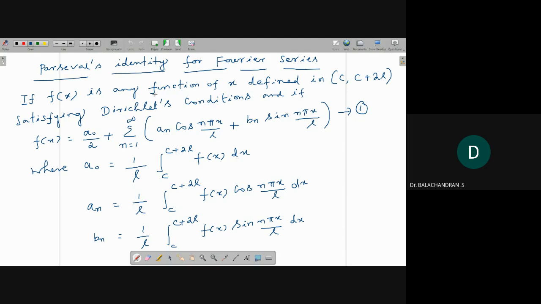If f of x is any function of x defined in the interval c to c plus 2l, satisfying Dirichlet conditions, and if f of x is equal to a naught by 2 plus summation n equal to 1 to infinity an into cos n pi x by l plus bn into sin n pi x by l, this is equation 1, where a naught equal to 1 by l integration c to c plus 2l f of x dx, an equal to 1 by l integration c to c plus 2l f of x into cos n pi x by l into dx, and bn equal to 1 by l integration c to c plus 2l f of x into sin n pi x by l into dx.